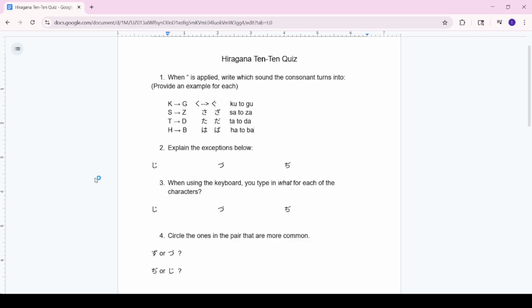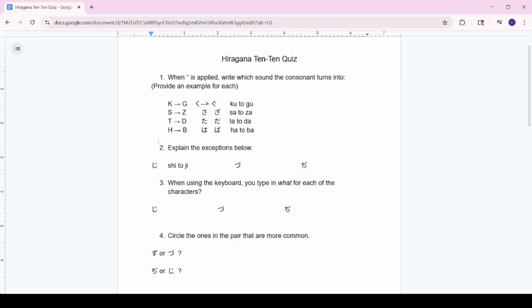Okay, so there are some exceptions to these rules with the 10-10. So let's look at these exceptions below and just explain it. I know I wasn't very specific on how to explain it, but let's just go through it. So this character would be shi without the 10-10, but it changes to ji. So shi to ji.